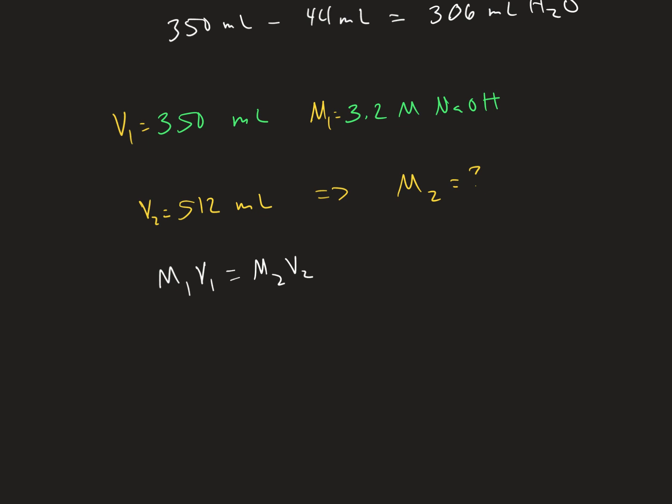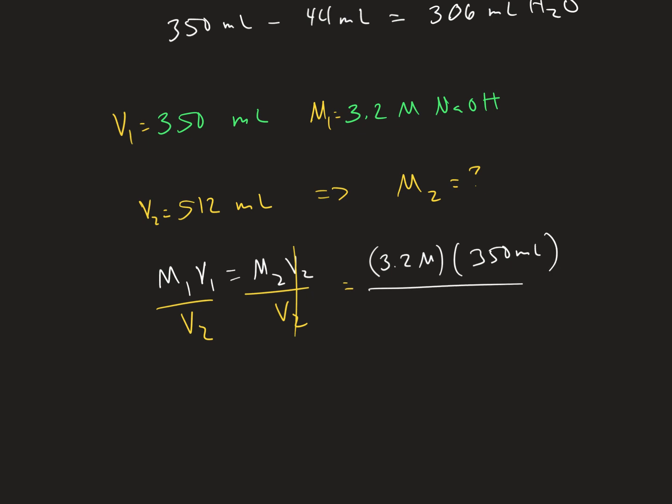So let's divide both sides by V2 and plug our values in. M1 is 3.2 molar concentration, our V1 is 350 milliliters, and our V2 is 512 milliliters.